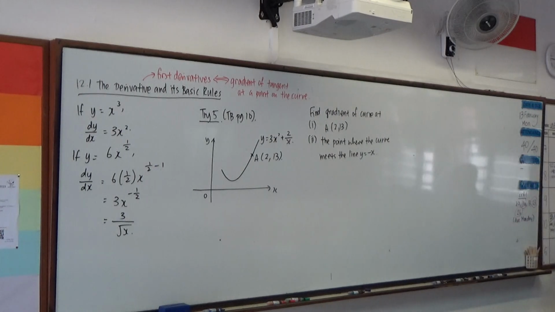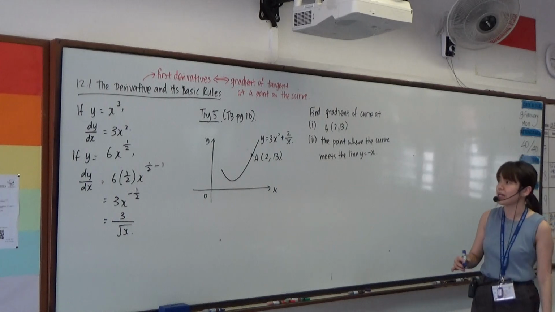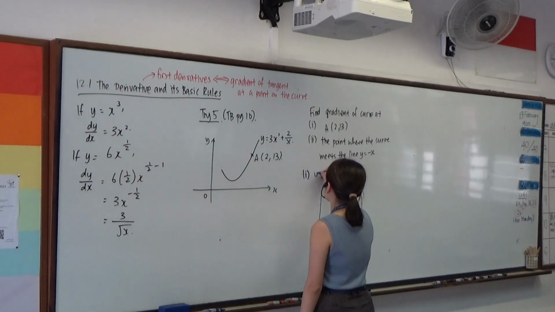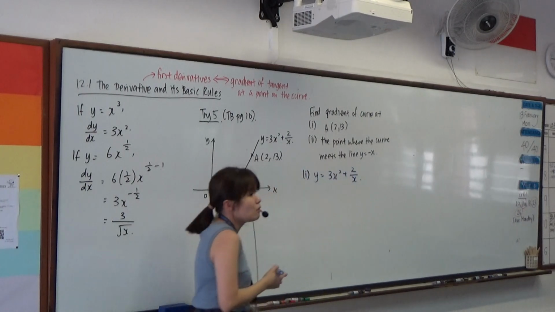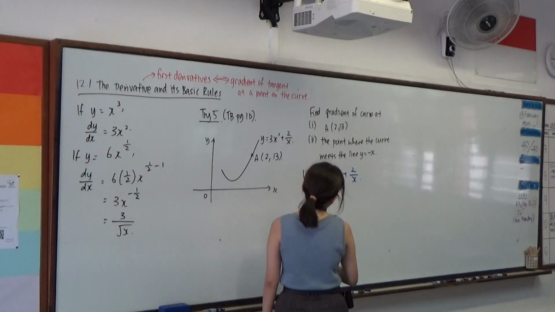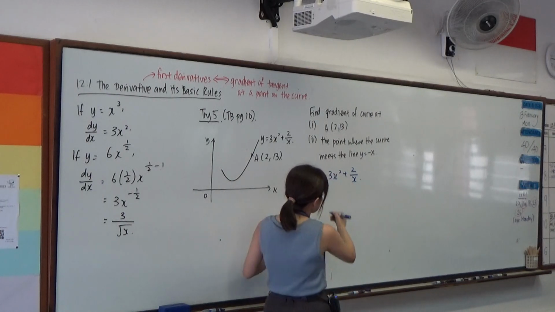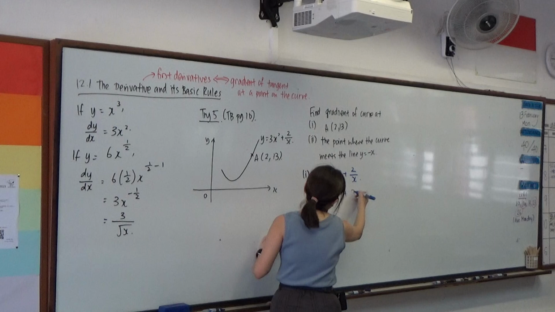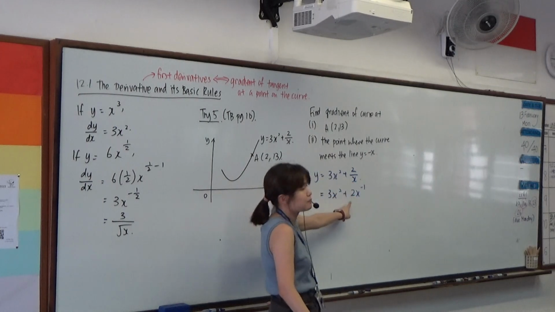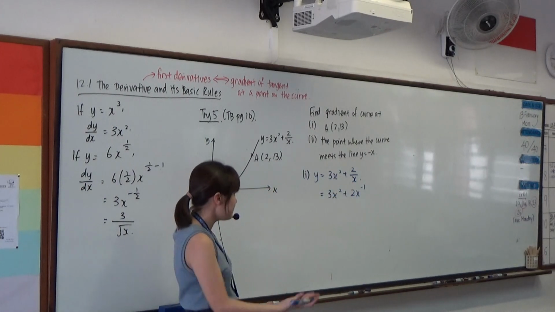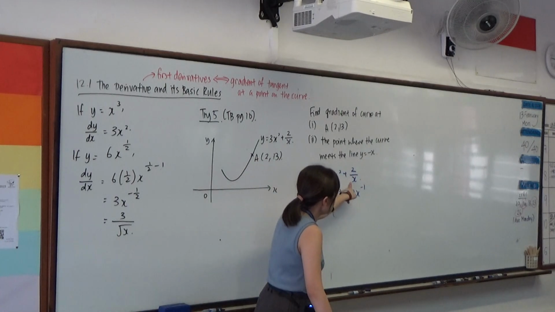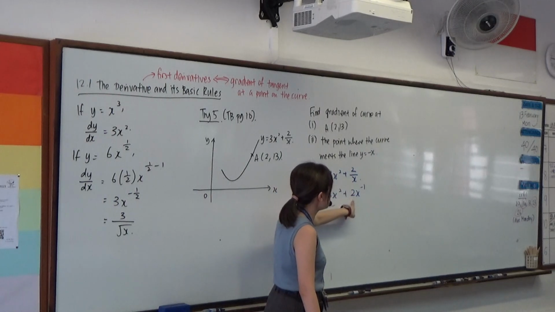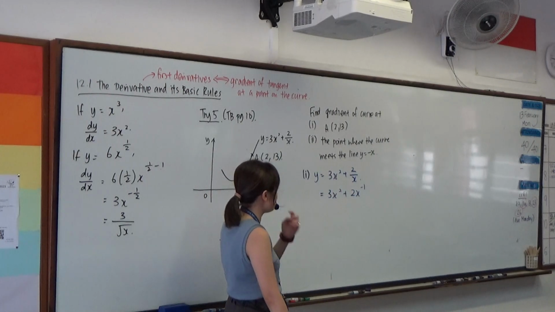Okay, so I said that the first derivative is a way to help us find the gradient. So we know the equation of the curve. What we need to do is to find the first derivative of this, but with 2 over x, it will be helpful if I can re-express it as a non-fraction, bringing the variable up to the numerator. So this is x to the power of 1 in the denominator, bring up and it becomes x to the power of negative 1.